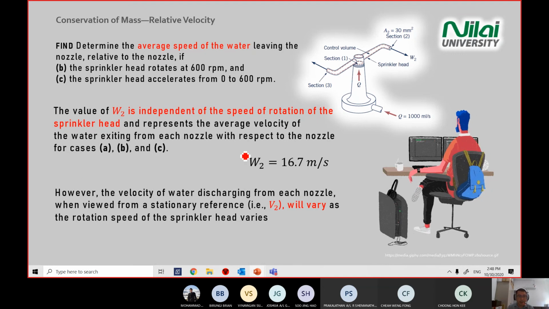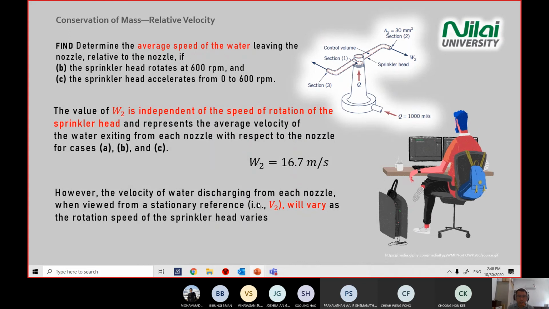However, if you want to find V2, the absolute velocity, then it will be different. Because in this case, we are looking at W, the relative velocity.